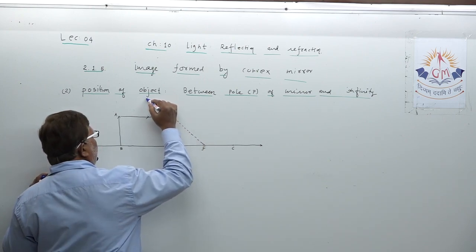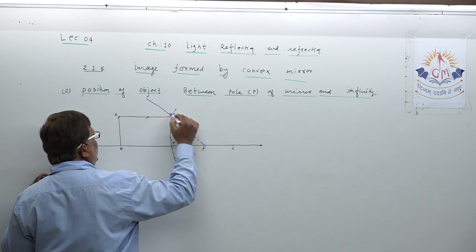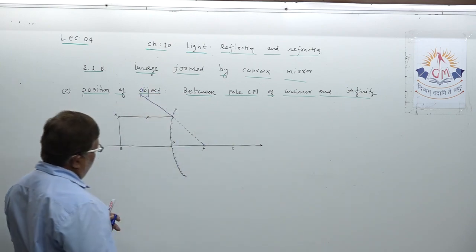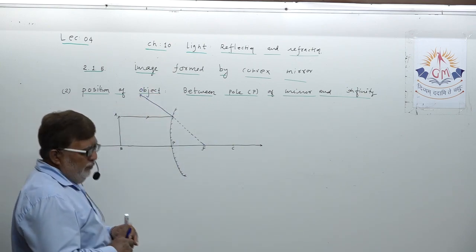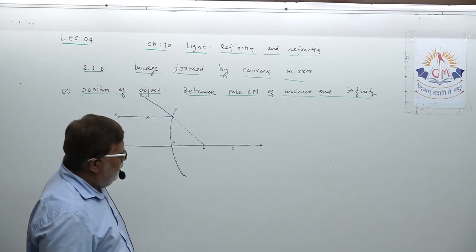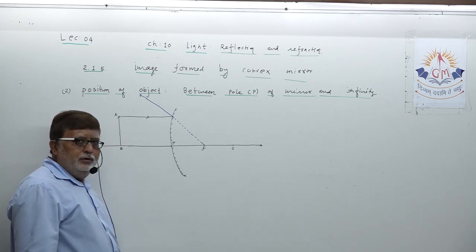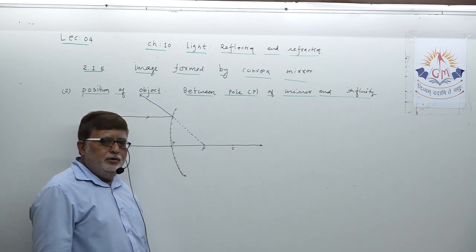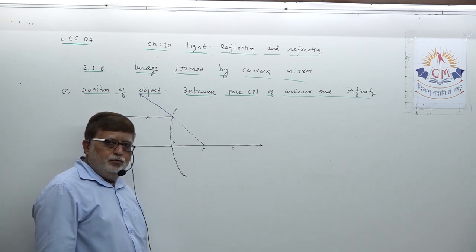So dear student, take care. This way you have to draw the ray. A little extended ray. The first ray like this, parallel, diverging, when extended back behind the mirror, certainly passes through the focus.